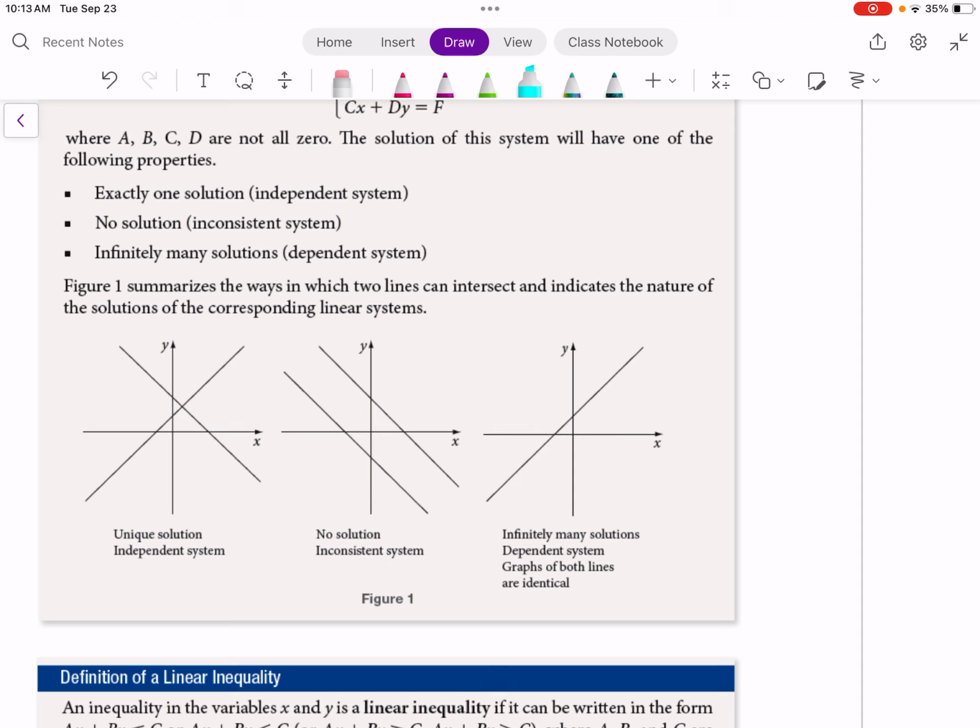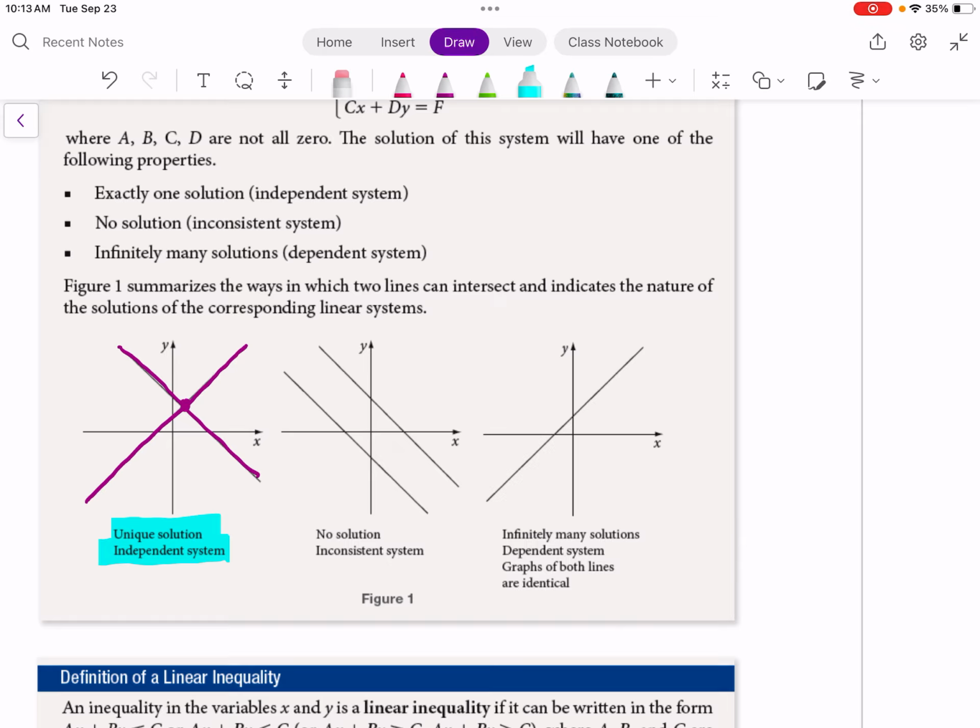So one case is if the two lines intersect exactly at one point, like this one. Then our solution is a unique solution, and we call that system an independent system.